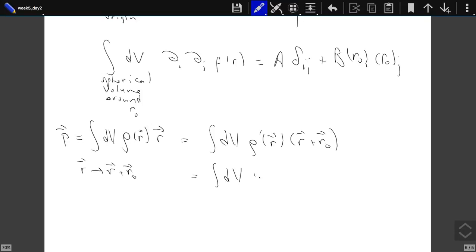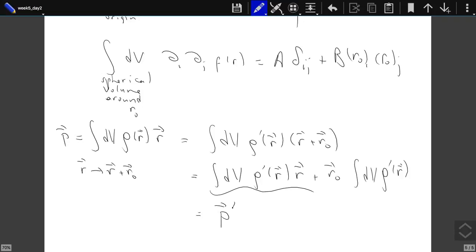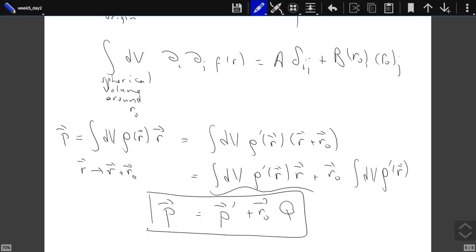That is the integral dV rho prime of R times R, plus R0 times the integral dV rho prime of R. Well, the first is the dipole moment with respect to the new origin. The other one is R0 times the total charge. So this is how the dipole moment changes if you change your origin.